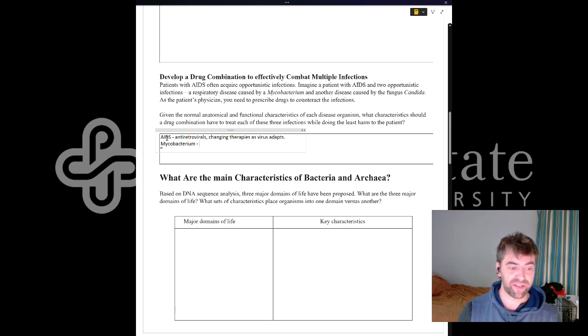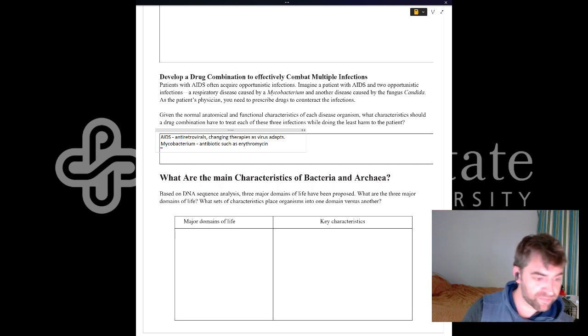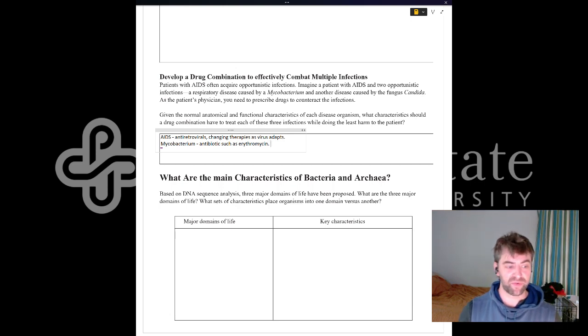So we're going to need to use something like erythromycin. Erythromycin interferes with bacterial protein synthesis specifically by affecting the 70S ribosomes of bacteria, which are different from the 80S ribosomes in eukaryotes.